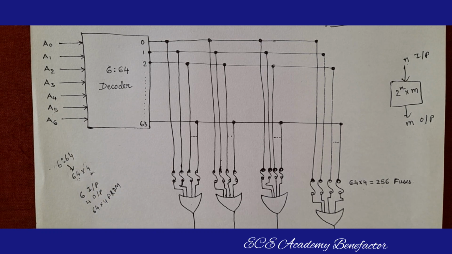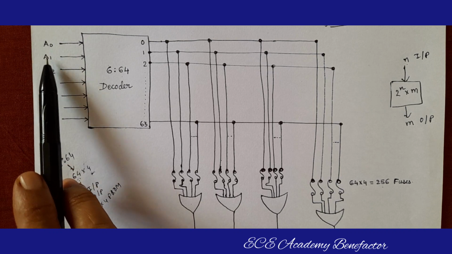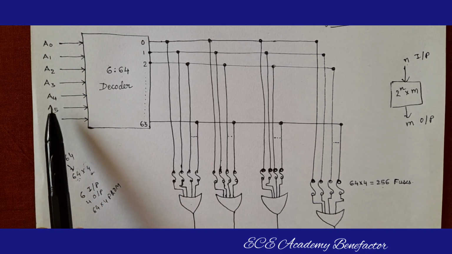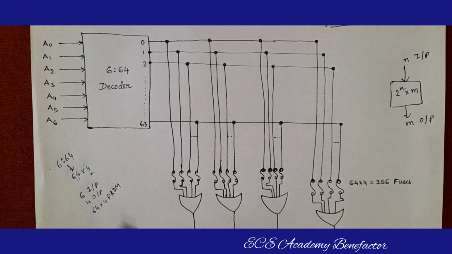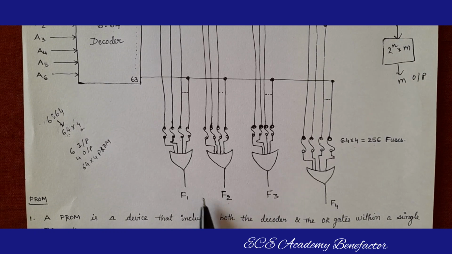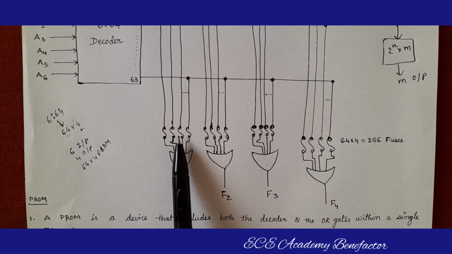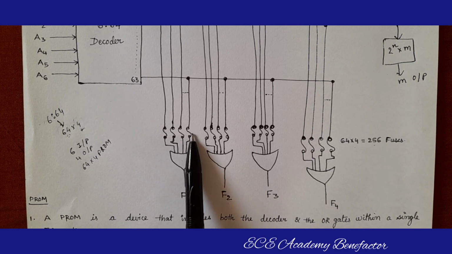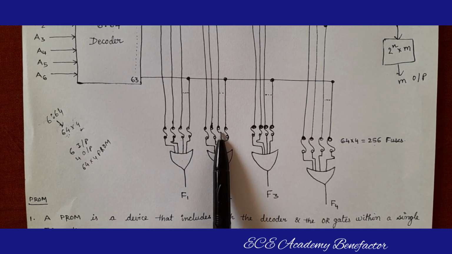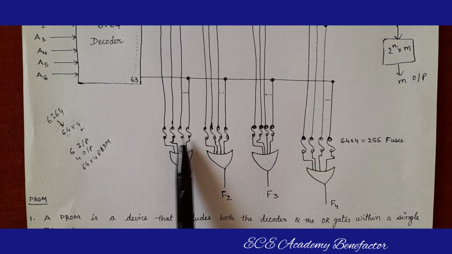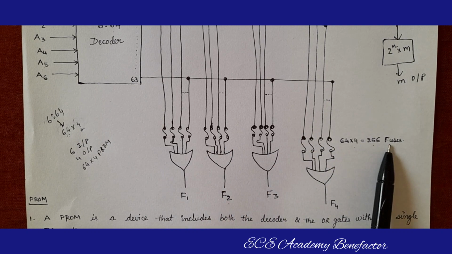Okay. And the input lines are A0, A1, A2, A3, A4, A5, A6, and the output variable names are F1, F2, F3, F4. How many fuses are required for each OR gate? 64, 64, 64, 64 means 256 fuses are required.